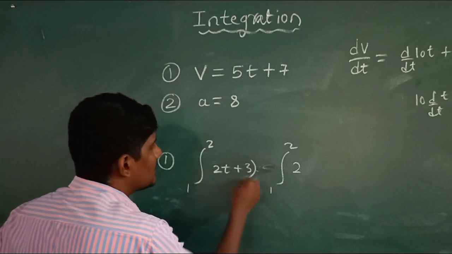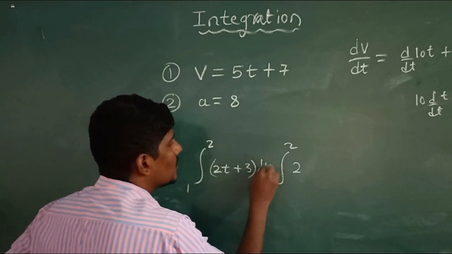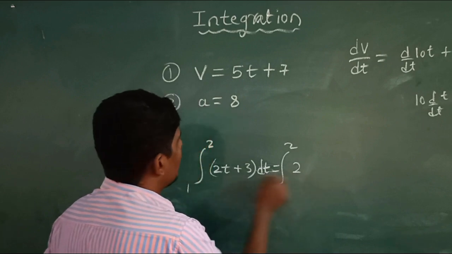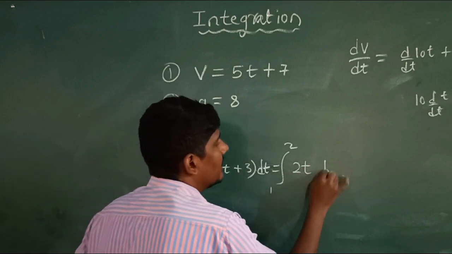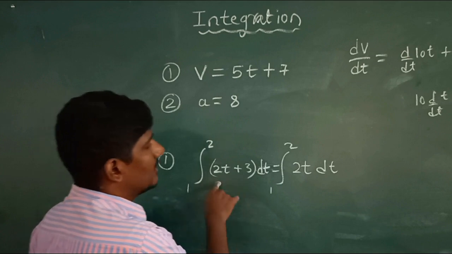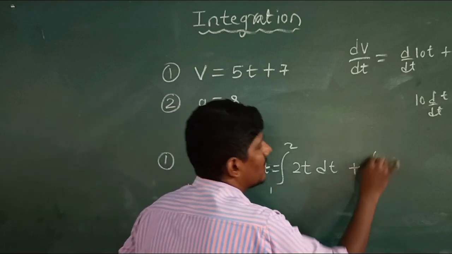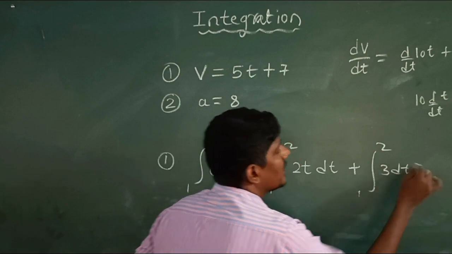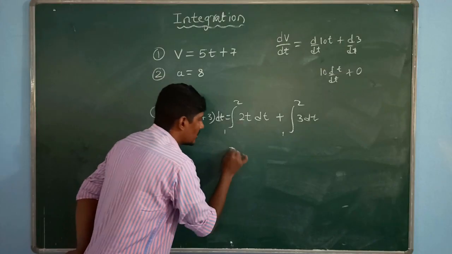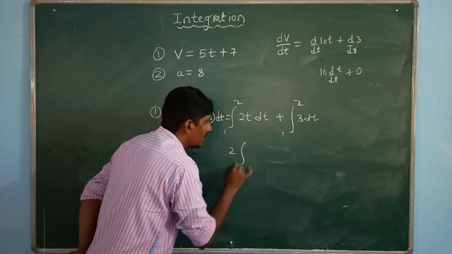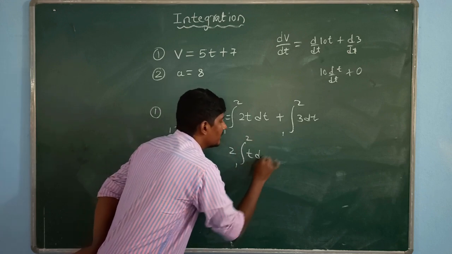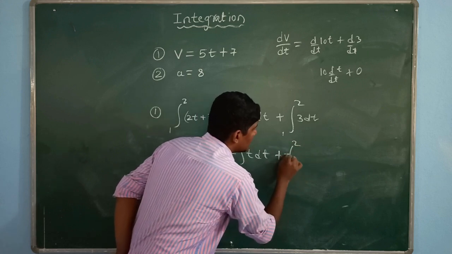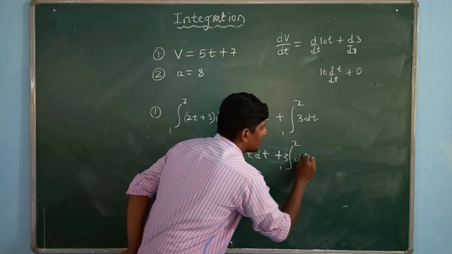So here I missed dt again. Please don't do that. Every time you should write dt. So this is what? Integration of 2t first into dt. Multiply this to each term, plus integration from 1 to 2 of 3 dt. Let's do it fast. Okay, 2 is a constant, take it outside, integration from 1 to 2 of t dt, plus 3 is again a constant, take it outside, and dt.